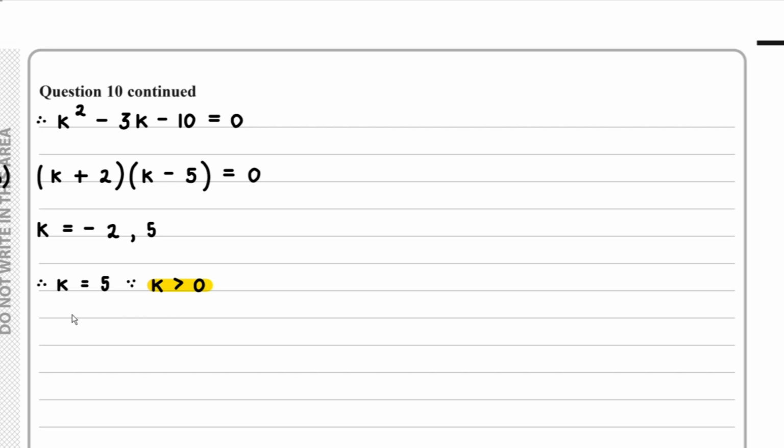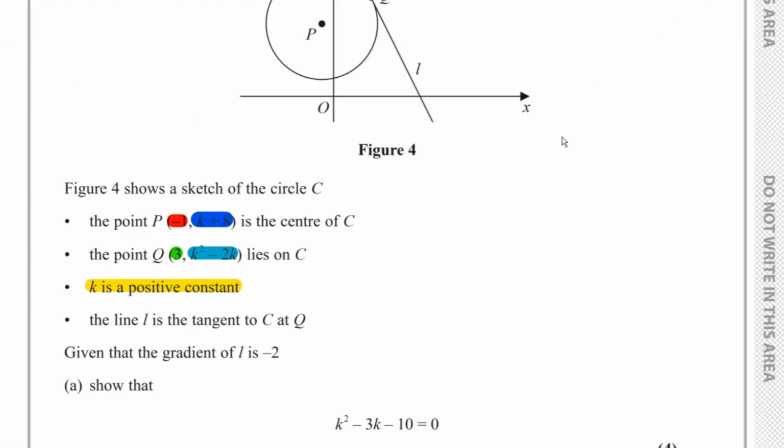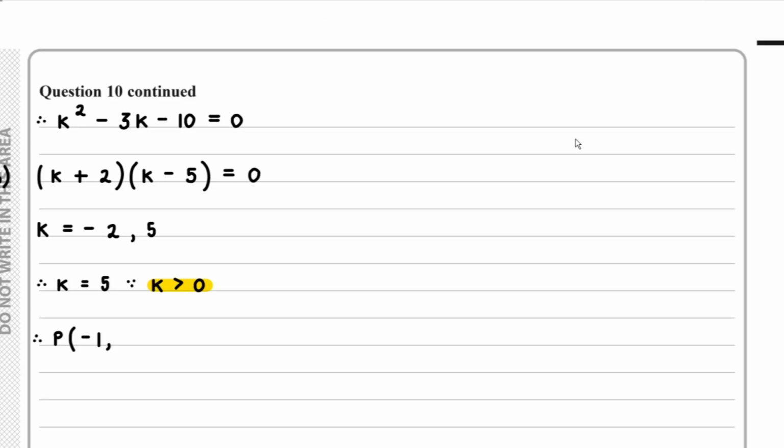And with this, we can state the coordinates of P and Q. So, the x-coordinate of P is negative 1. The y-coordinate is k plus 8. And knowing that k is 5, 5 plus 8 is 13. So the y-coordinate of P is 13.